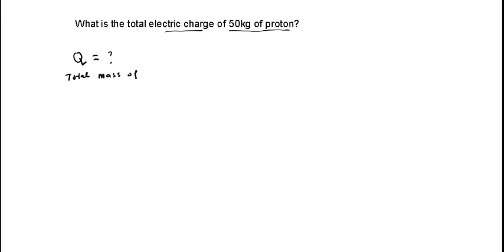The total mass of proton we have, based on the equation, is equal to 50 kilogram. Then you ask yourself, what is the formula that relates the electric charge and the total mass of proton?